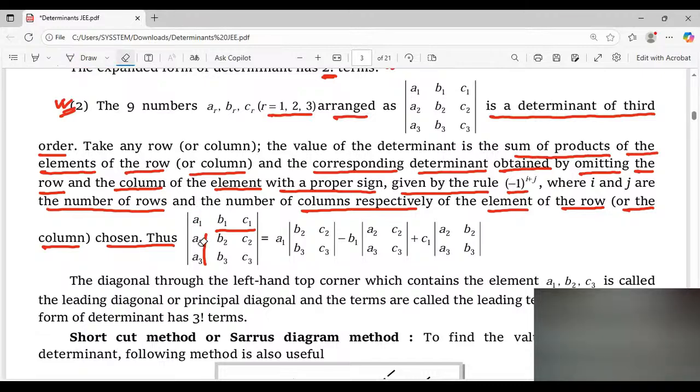After that, when we consider B1, we cancel out its row and column and write down A2 C2 and A3 C3. Similarly, when we eliminate C1, we cancel out its row and column. Then we get A2 B2 and A3 B3.